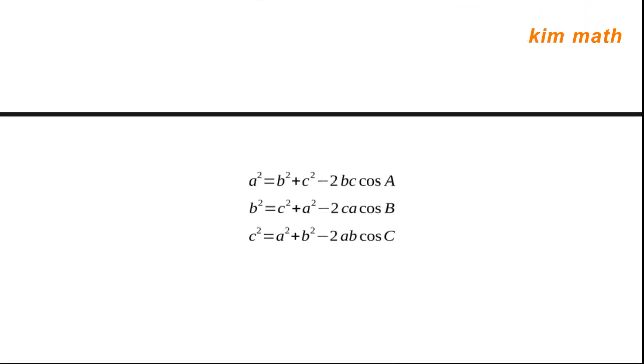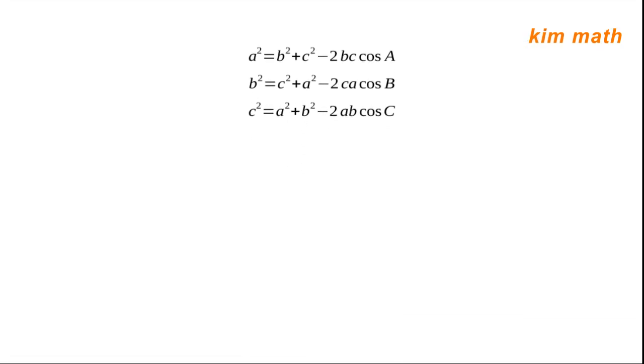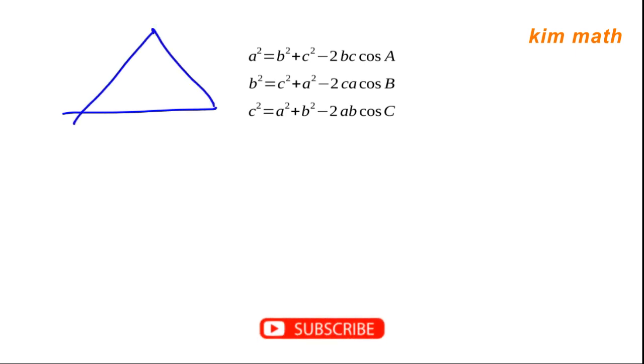Okay, let me summarize briefly. In any type of triangle, let this be A, this be B, this be C, and opposite of each angle I will use the small letter here.